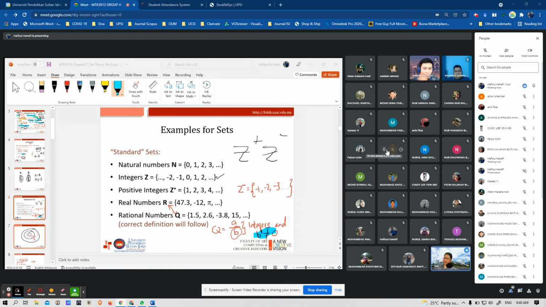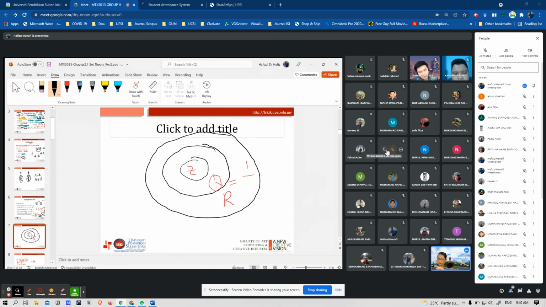For example, we have negative 3 divided by 7. This one is a rational number because this one is an integer and this one is also an integer. As I mentioned before, rational numbers are a subset of real numbers, and integers are a subset of rational numbers.